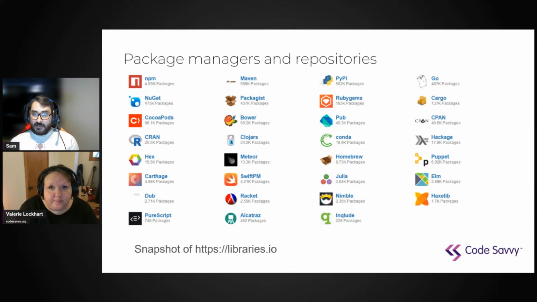I think all of these are pretty obvious about what programming languages they go with. There's Conda and PyPI for Python, NPM's for JavaScript. Most of the other ones kind of include the programming language in the name.